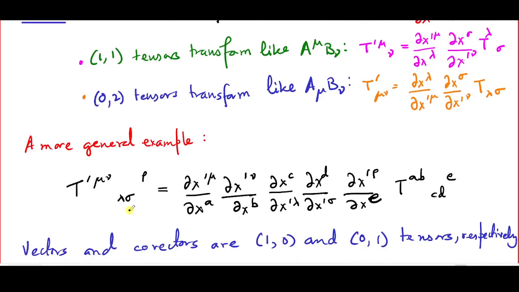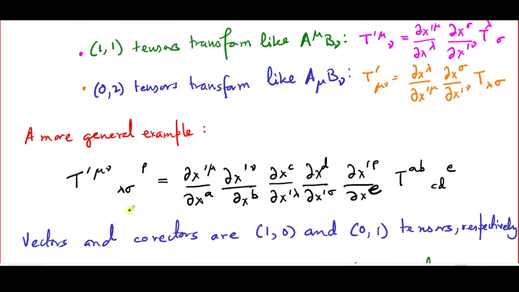Now, a very important point is that vectors and covectors are really nothing but tensors. They are tensors of rank (1,0) and (0,1) respectively, which is why a vector has a single vector transformation coefficient, and a covector, being a (0,1) tensor, has a single covector transformation coefficient, rather trivially.